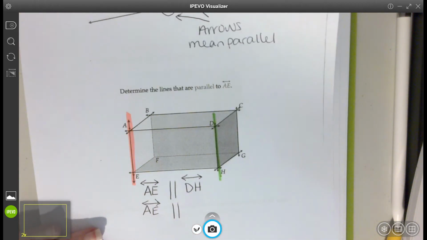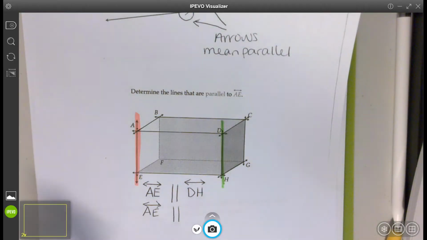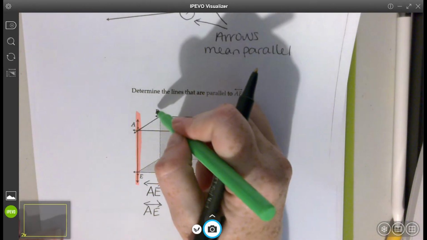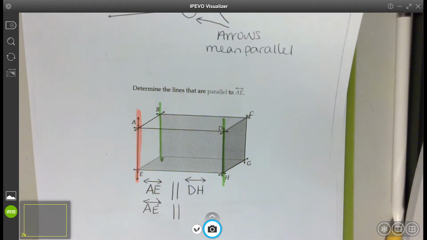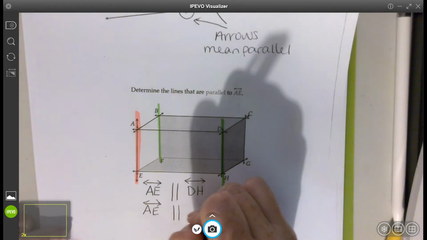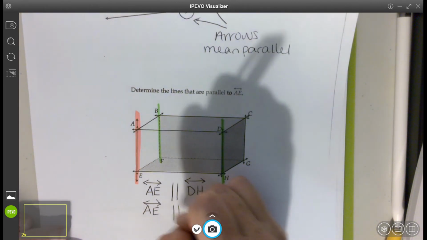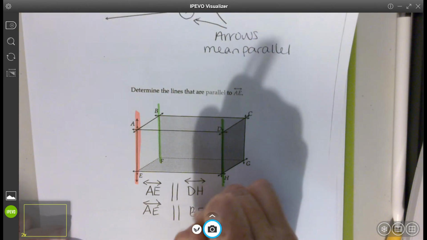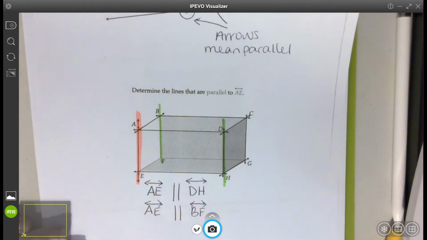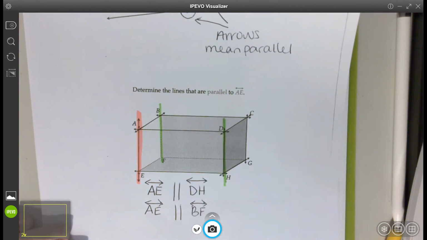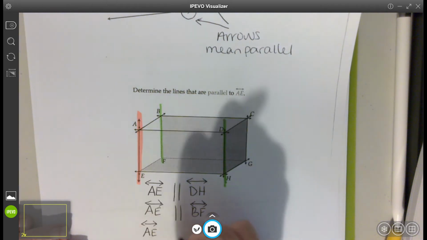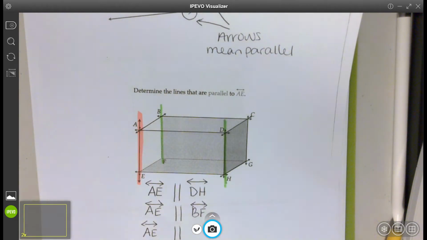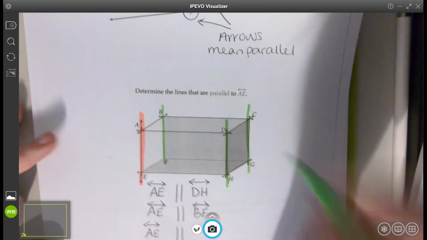So AE is parallel to, and continuing looking at the box, I can see that BF is also going up and down in the same direction and will never touch AE. So here I'm going to write AE is parallel to BF, and I have one more parallel pair. So I have AE is parallel to CG.